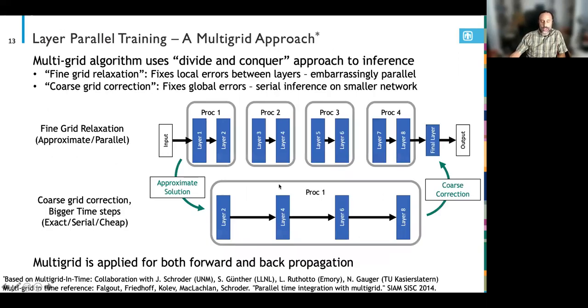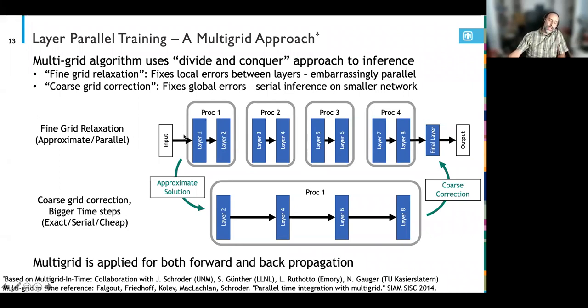In the multigrid context, we're going to take our fine grid neural network, say, that has 8 layers, and we're going to take a subset of it that, say, only has 4 layers, okay? On the fine level, we're going to be able to do local work where we just assume that the initial guess, say for layer 3, came from whatever previous information we had about the output of layer 2.